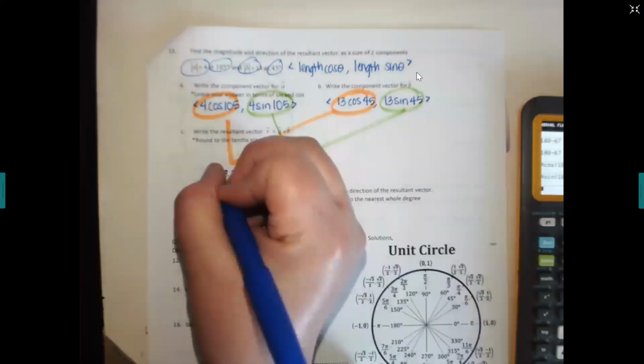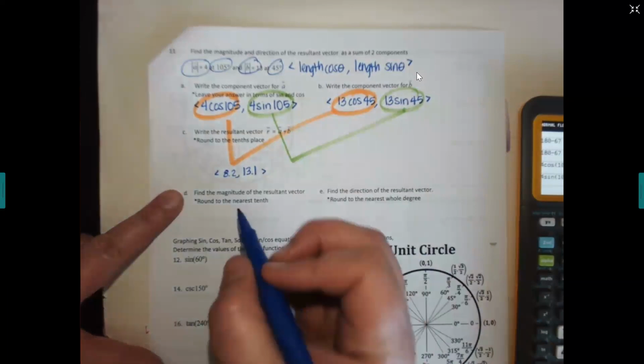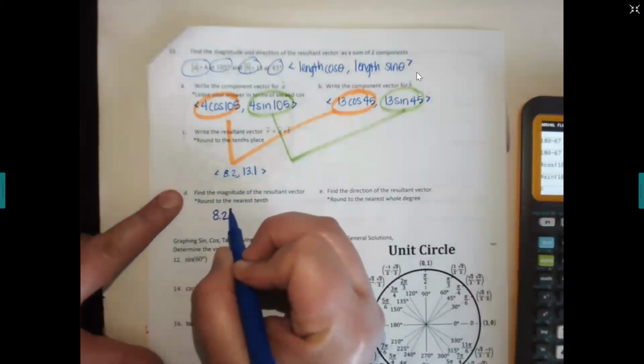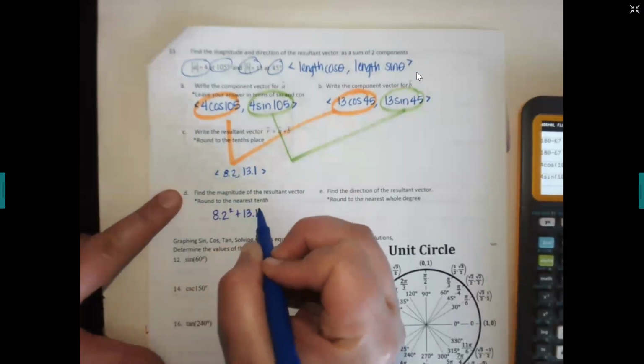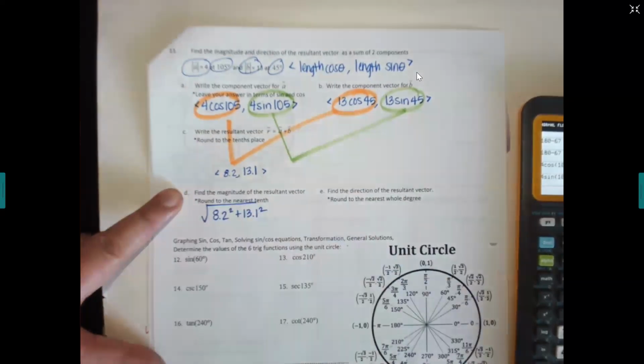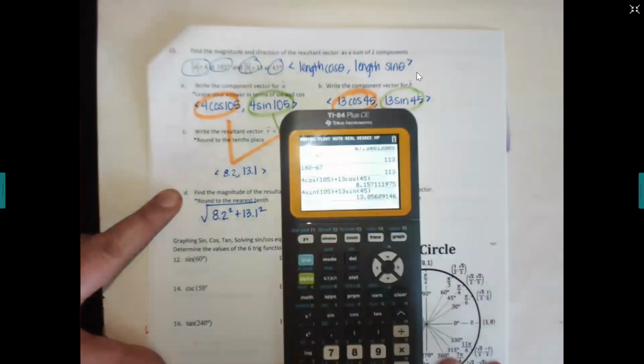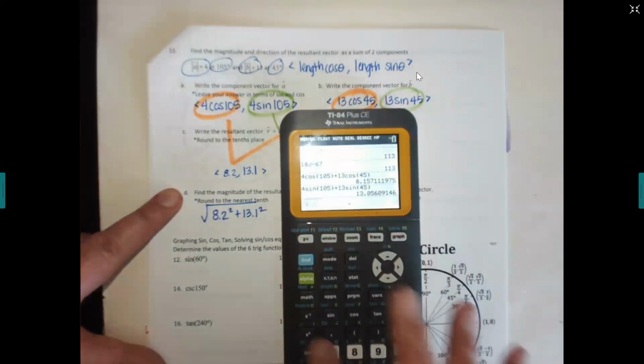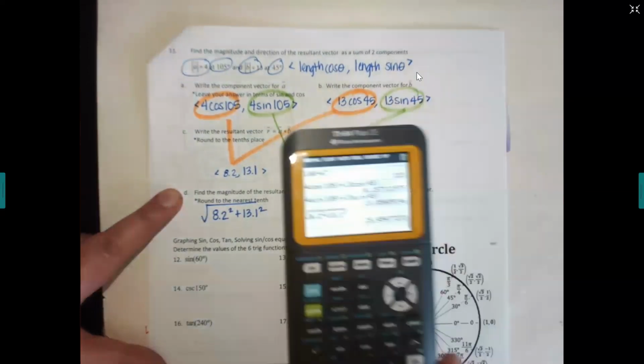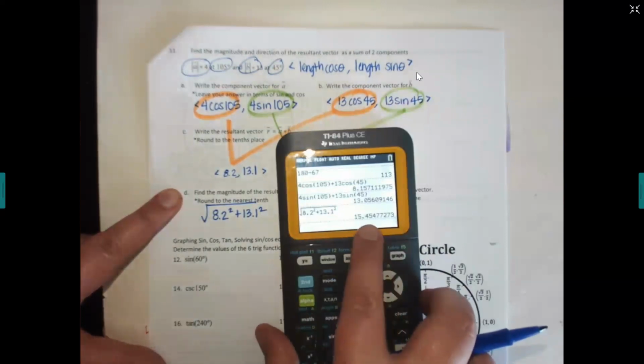Okay. Then from there, it asks you for the magnitude and the direction. So hopefully if you remember how to do that, it'd be 8.2 squared plus 13.1 squared. Take the square root. So 8.2 squared, 13.1 squared, we got 15.45. And then remember that 4 is going to bump up to be a 15.5.